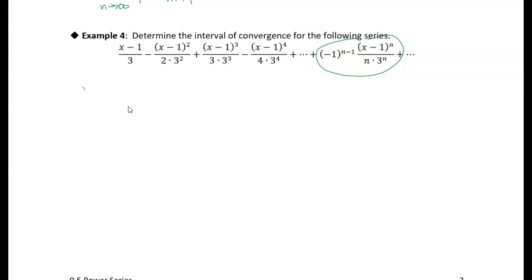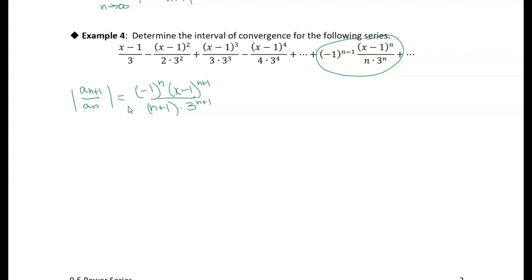So I'm going to write the ratio of the n plus 1th term over the nth term, and that's going to be equal to (-1)^n times (x minus 1)^(n+1) over (n plus 1) times 3^(n+1).